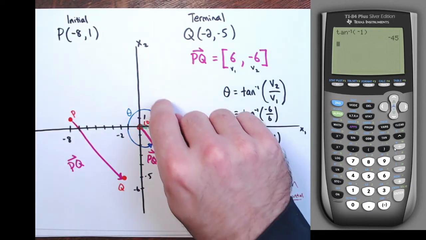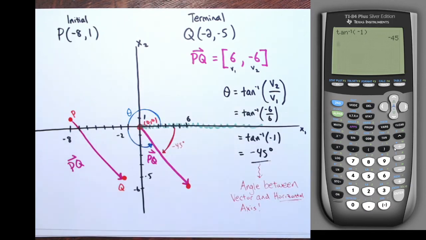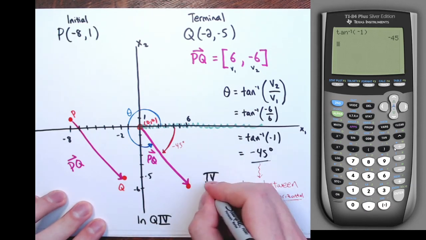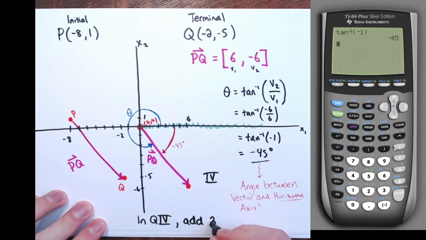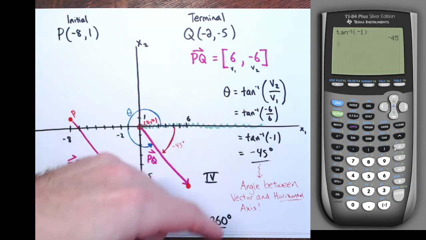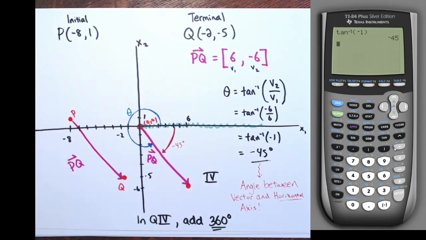So if I want this angle, just add 360. Again, they mentioned that earlier. If you're in quadrant 4 like this is, this is quadrant 4 here, just add 360 degrees. And if you're in quadrants 2 or 3, just take this inverse tangent and add 180. And that's all.